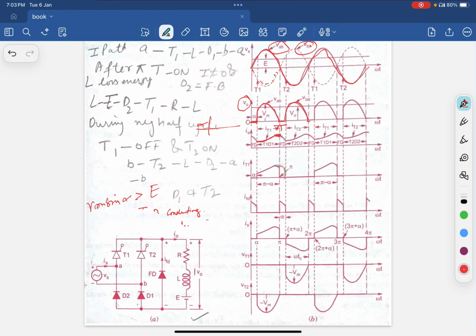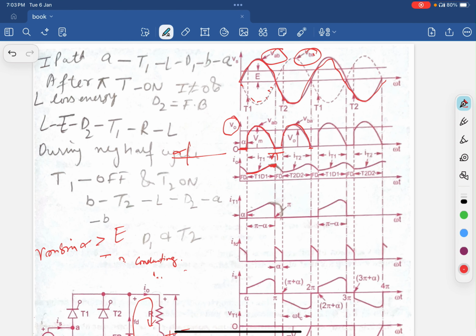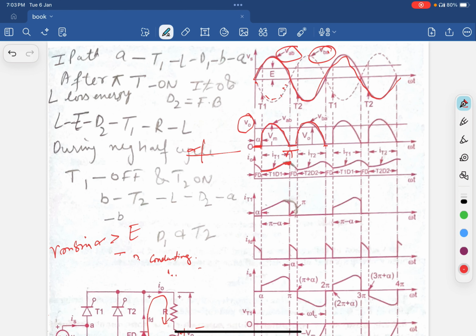Also the inductor is charged with the polarity plus minus. In the negative half cycle, it becomes minus plus. So it starts discharging through the freewheeling diode. You can see that at the instant pi plus, the freewheeling diode starts conducting.